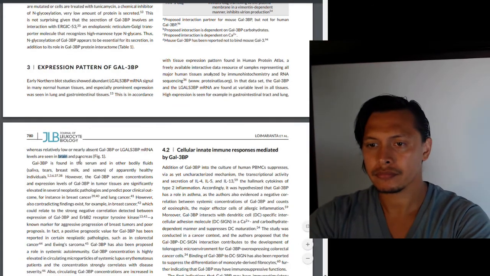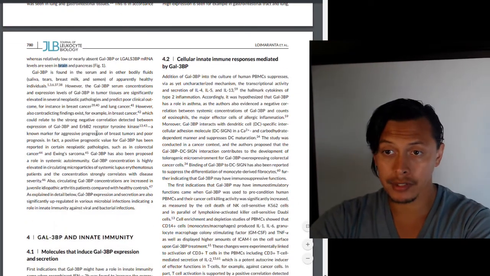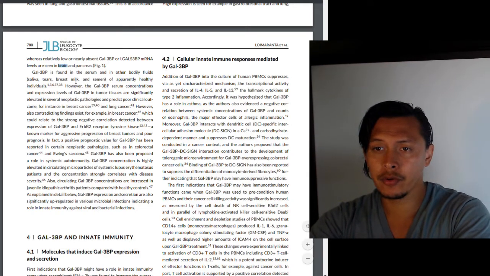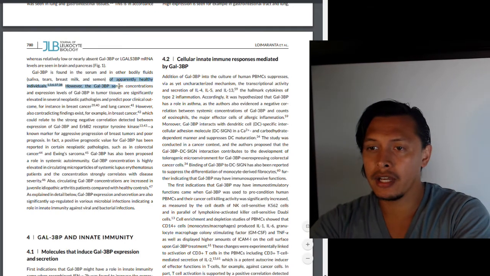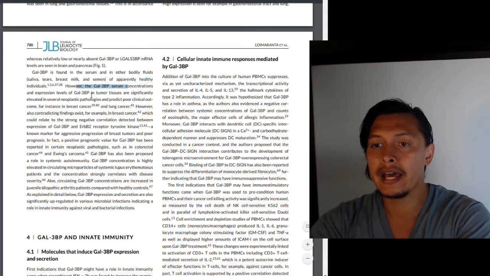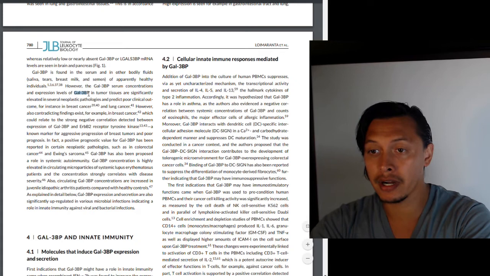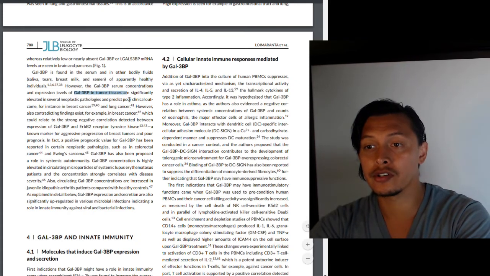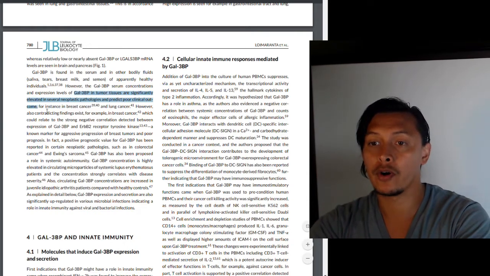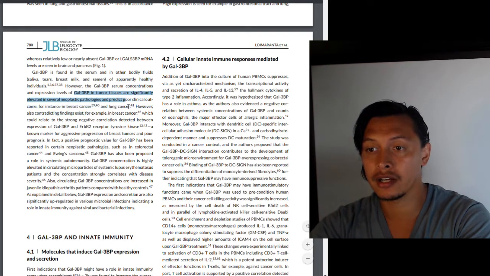So the Galectin-3 binding protein is found in the serum and in other bodily fluids of apparently healthy individuals. However, the serum concentrations and expression levels of Galectin-3 binding protein in tumor tissues are significantly elevated in several neoplastic pathologies and predict poor clinical outcome, for instance, in breast cancer and lung cancer.